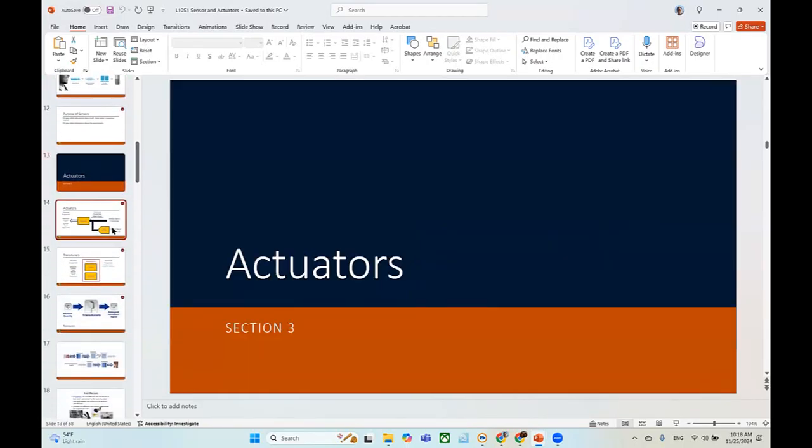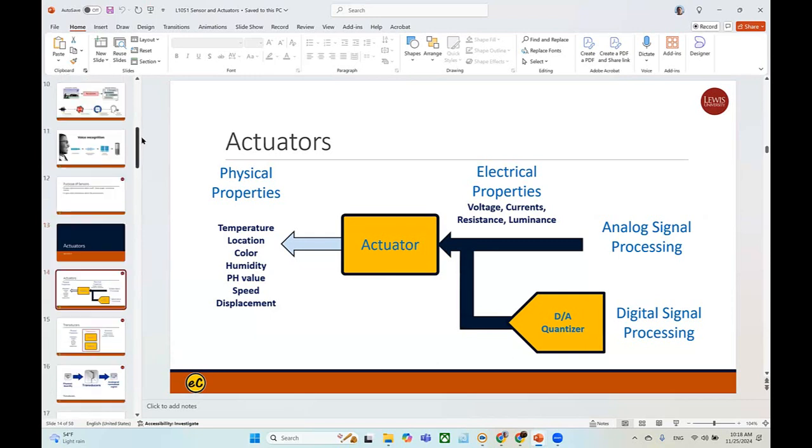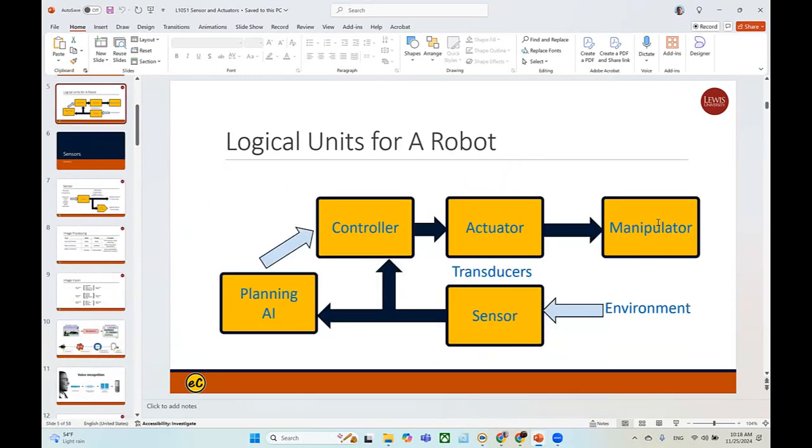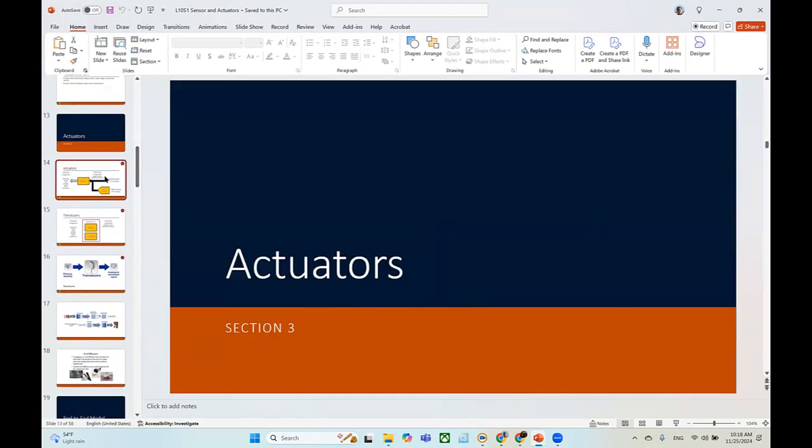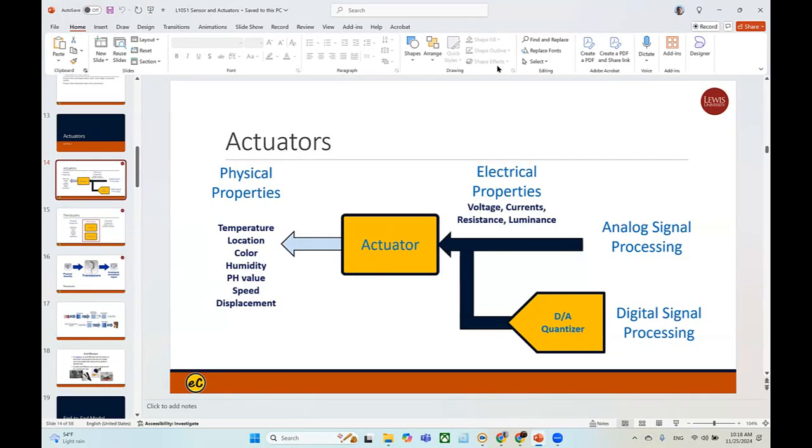Okay, the second one is the actuator. The actuator is before your manipulator. The manipulator is your robot arm or your wheels, and the actuator is the one that controls it. So the actuator is actually the opposite. You get your control variable, say theta, and then you need to convert it to voltage. The voltage will then change the controller, maybe a motor, maybe some temperature controller, to change the rotor speed of your wheels.